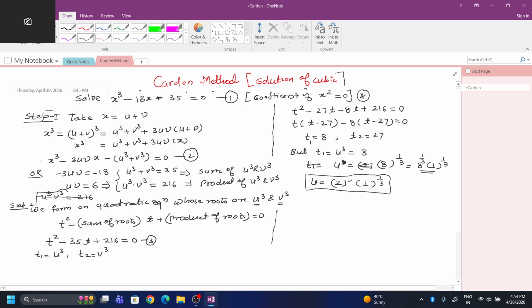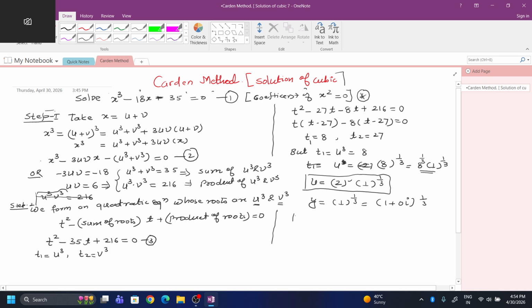The question is how to simplify 1 to the power 1 by 3. Or you can take another variable y, equal to 1 to the power 1 by 3. Remember that it is the cube root of unity. So this 1 can be written as (1 plus 0i) to the power 1 by 3. That is where we use de Moivre's theorem to simplify it.